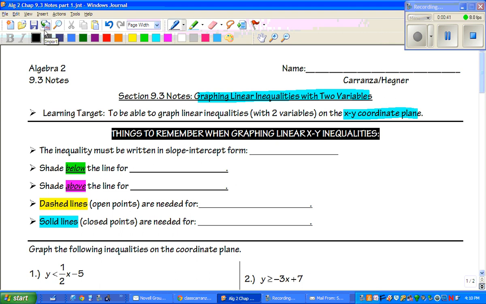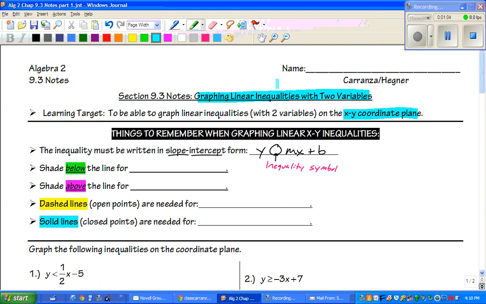Things that we need to remember is that it must be in slope-intercept form, and that's y equals mx plus b. Right there, that's where the inequality symbol is going to go, and it can be any of them.